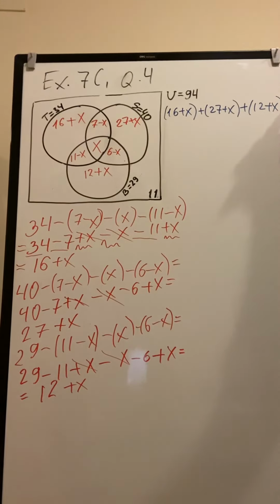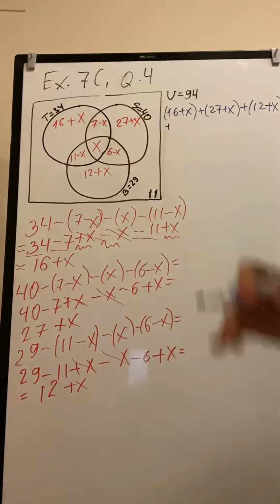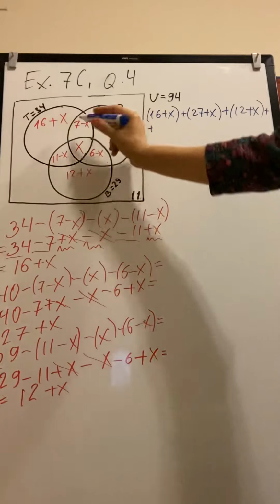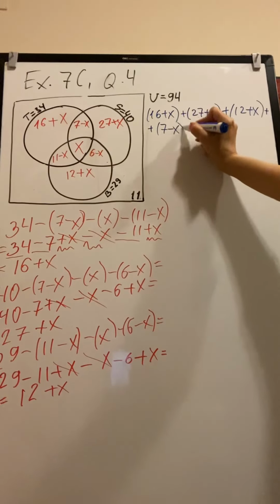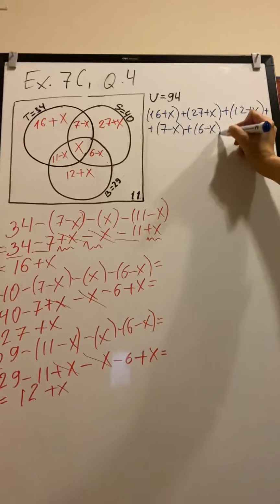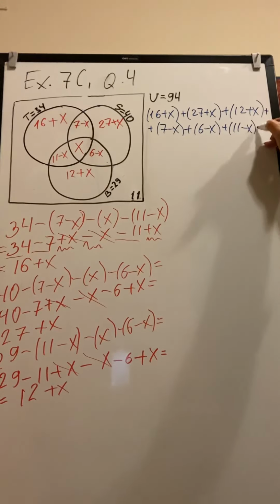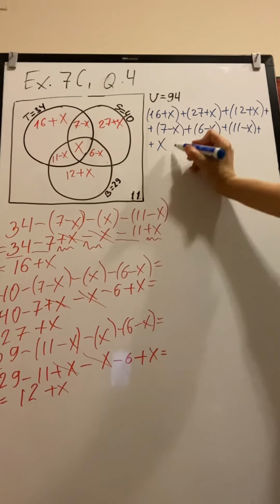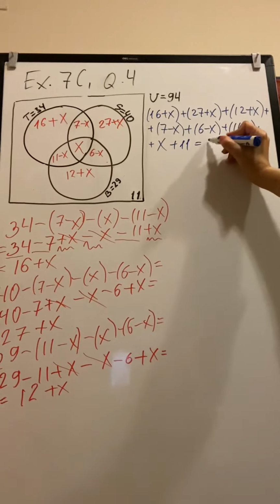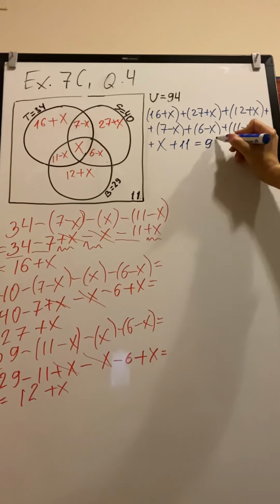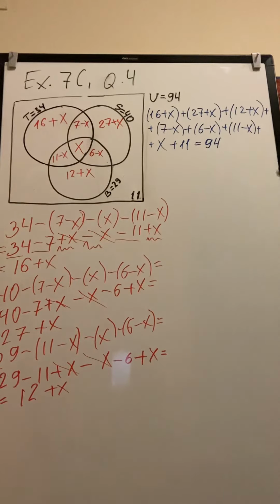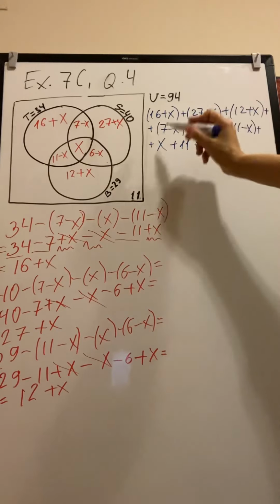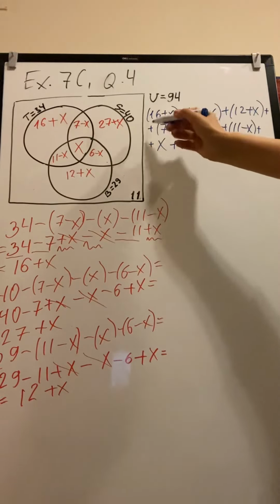Okay, then plus those 3, 7 minus x and plus 6 minus x and plus 11 minus x, okay, plus the very center, the middle bit, x plus those 11, and all of that must come to 94.